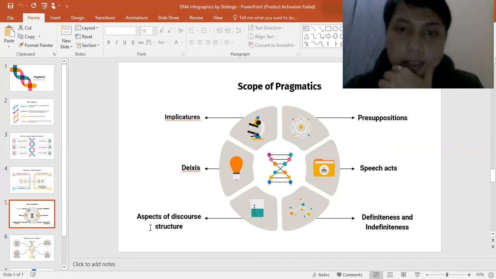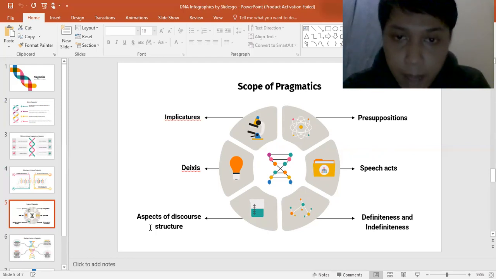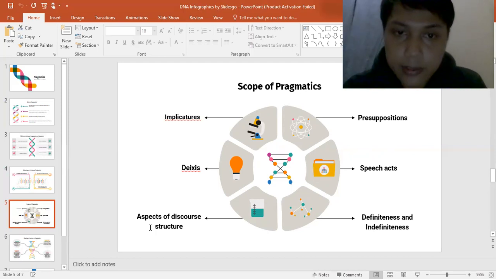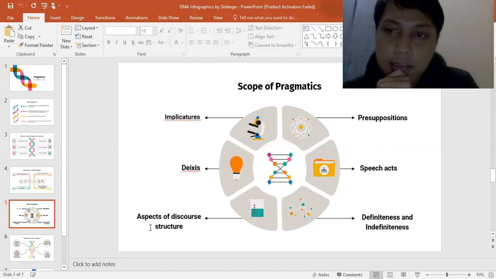The explanation is something the speaker means is different from what is said or implied. And then speech acts. The product or result of a sentence under certain conditions, and is the smallest unit of lingual interaction.